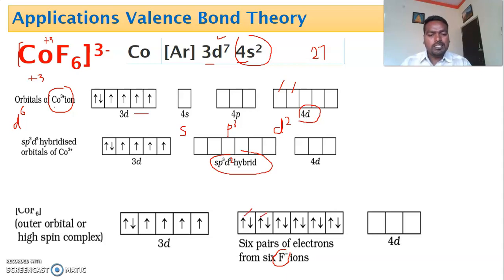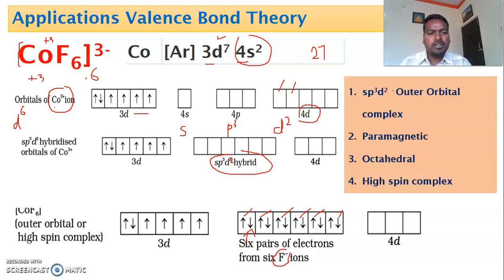So totally there are 6 empty hybrid orbitals, and these 6 pairs of electrons from the ligands overlap to form 6 coordinate bonds. That's why, due to the presence of 6 coordinate bonds, the coordination number is 6. And from this we can draw the conclusion that the complex undergoes sp3d2 hybridization as you see here.